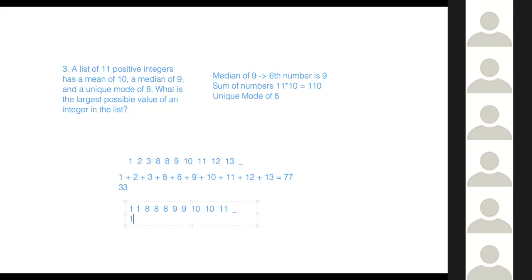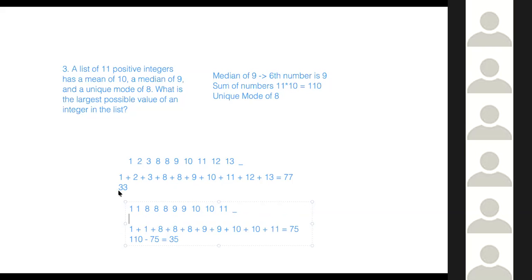So now we know that the sum again is 110. Let's sum these numbers. 75. Good. So what would be the last number here? 35. Good. So this is the correct approach.